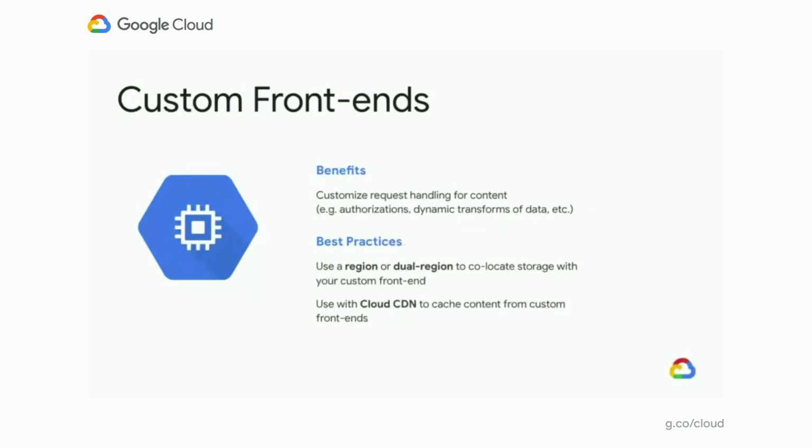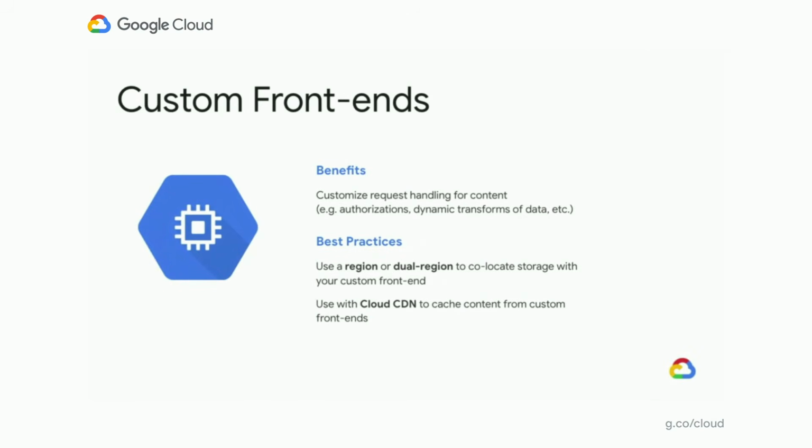Custom front ends are a way that you can have an intermediary service between cloud storage and the customer. This can be popular, for example, if you want to have an authorization stage before access, or if you need to dynamically transform the data in some way before it streams out from the service.